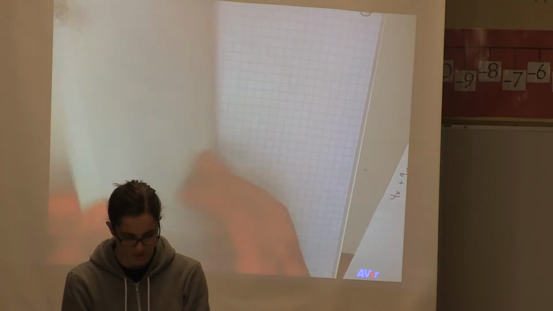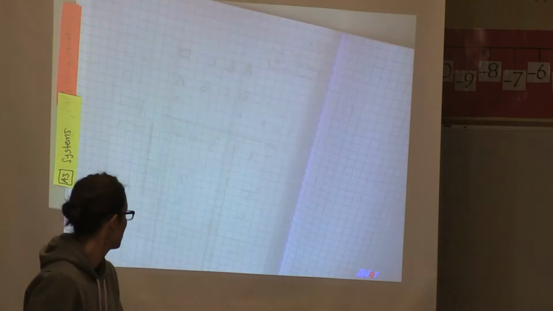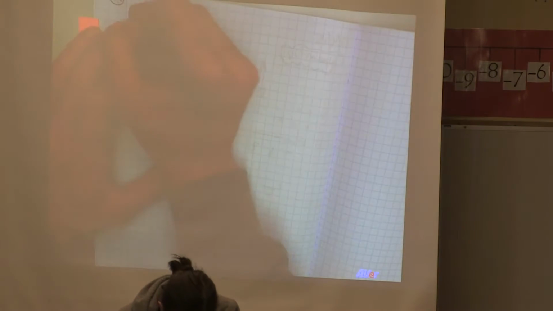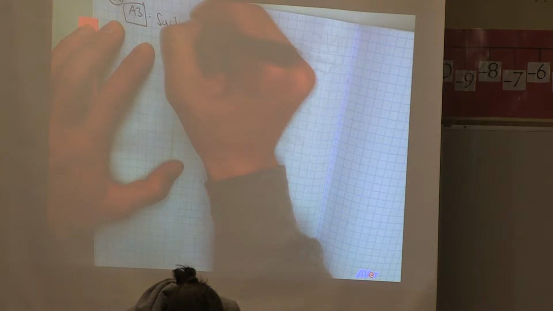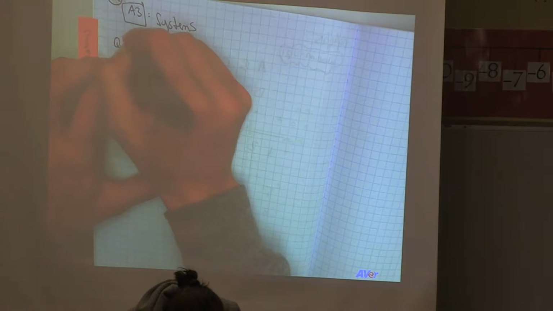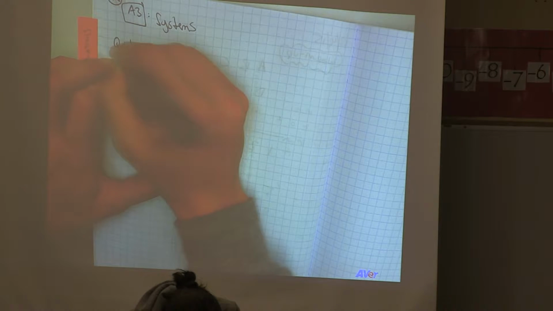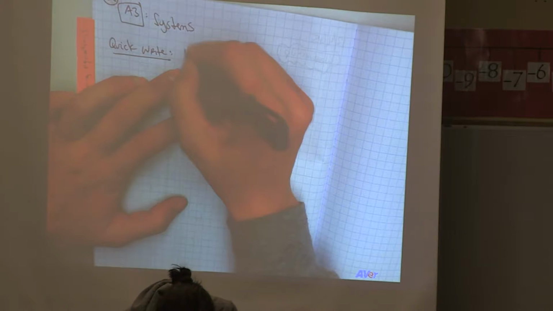Alright, so you should have been on a random page, so we're going to start a new page of notes. New page of notes, A3. Systems. Quick write. Answer this question.